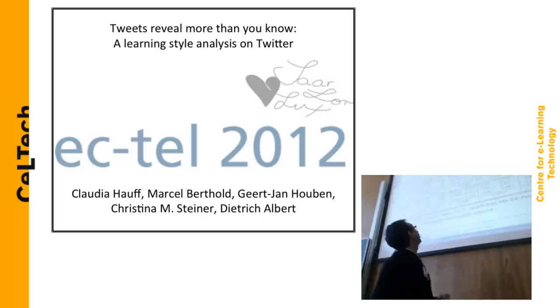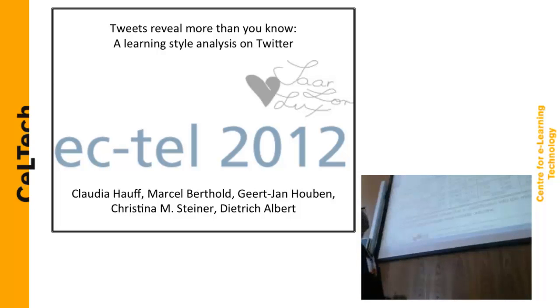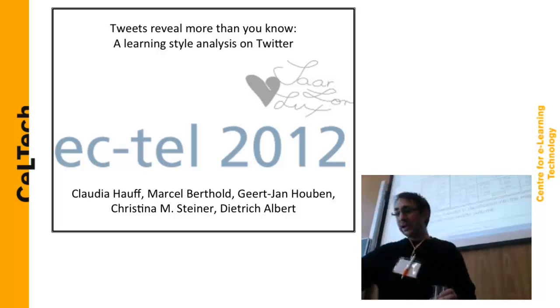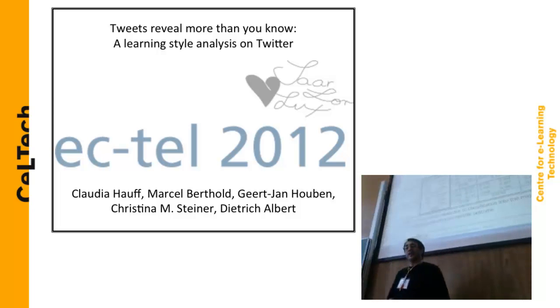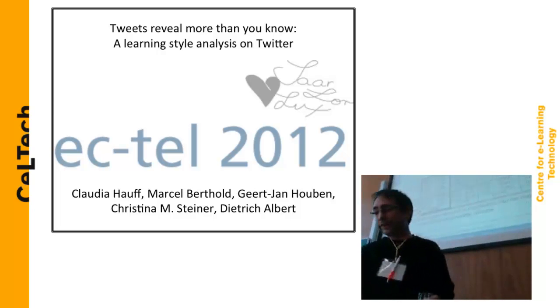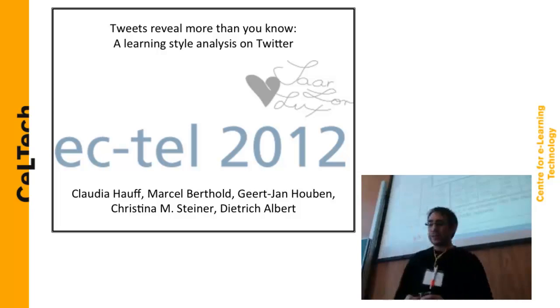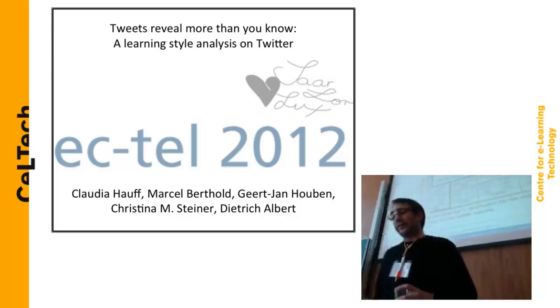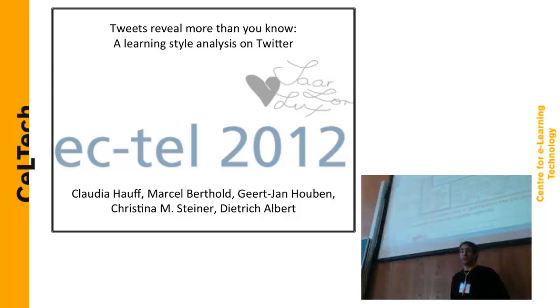So here we have active/reflective, visual/verbal, global/sequential, intuitive/sensing along the top. And what happens? Well, you have one set, active/reflective, which has better than random accuracy. But, and here's the bad news, the other 3 were unpredictable.